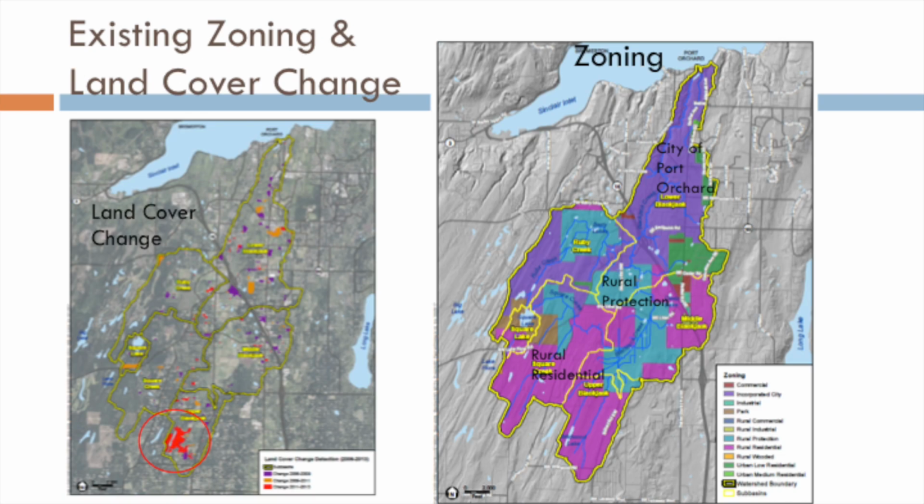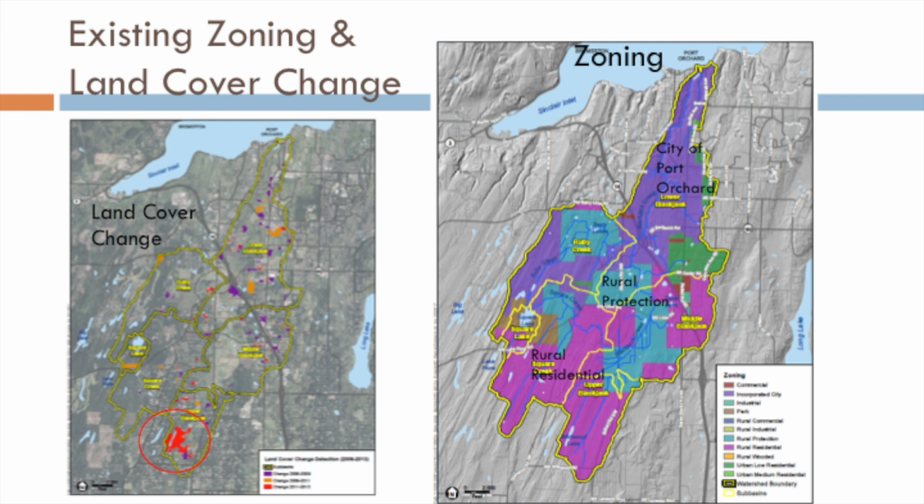And then this particular slide is showing you a change analysis, which comes from Ken Pierce's work. The red is showing the highest degree of change, and I believe the tan and purple are less so. But you can see a pattern in this upper watershed, which is rural residential, is actually changing pretty quickly.